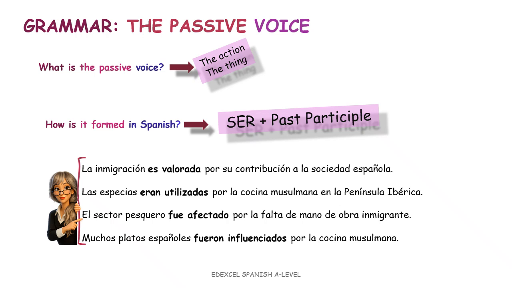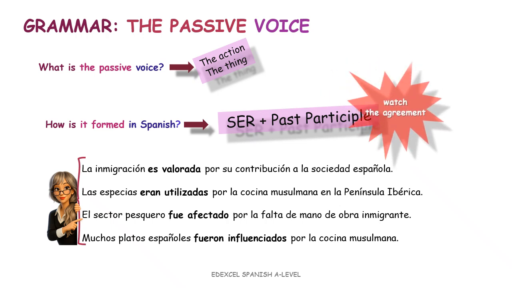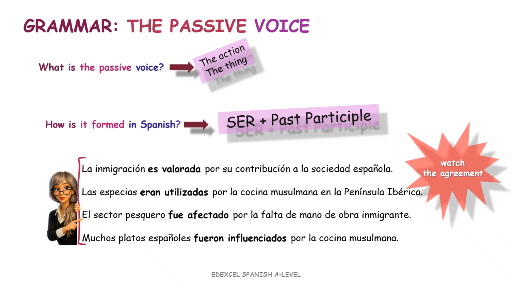"El sector pesquero fue afectado por la falta de mano de obra inmigrante." "Muchos platos españoles fueron influenciados por la cocina musulmana." La inmigración valorada. Especias utilizadas. El sector afectado. Platos influenciados.